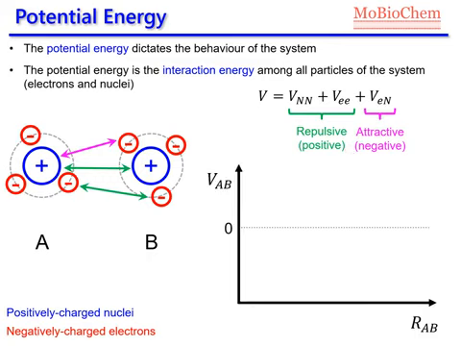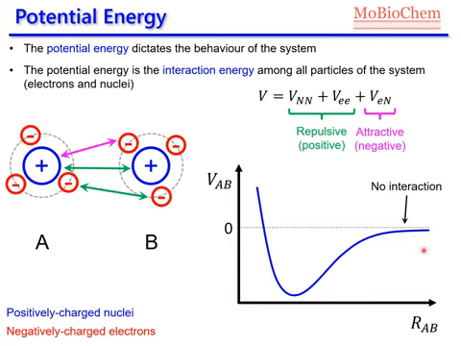So if we represent the potential energy, that means the interaction energy between the atoms A and B, against the separation between both atoms, we will have this potential energy shape, where at very long distance there is no interaction, so the potential energy is equal to 0.